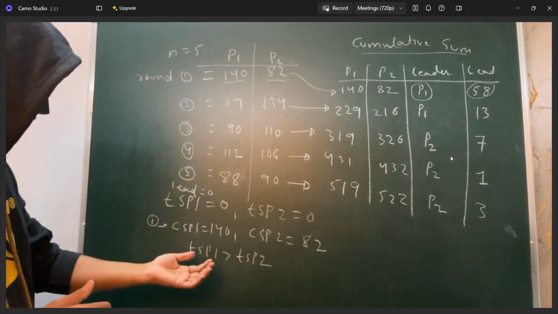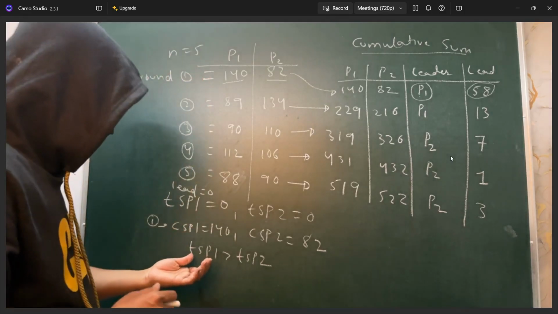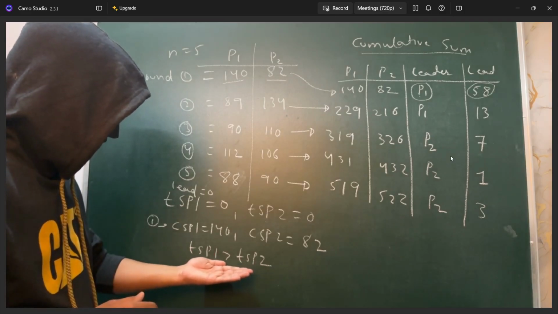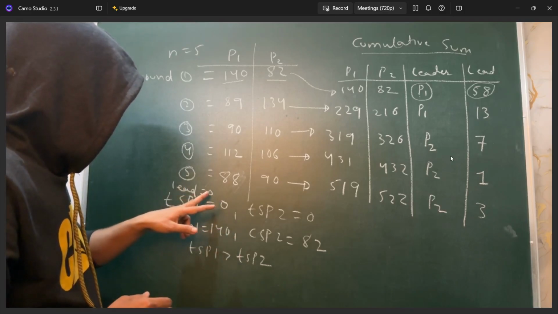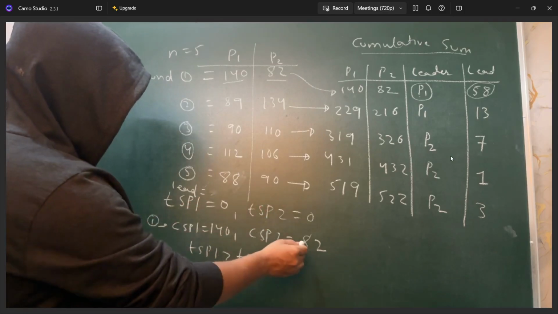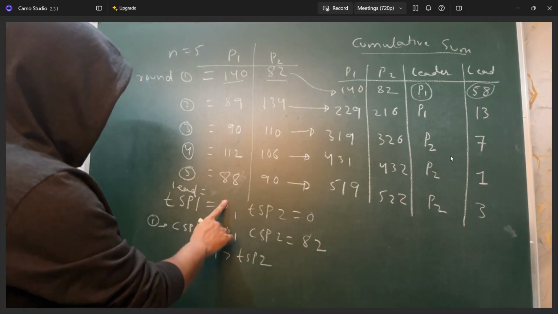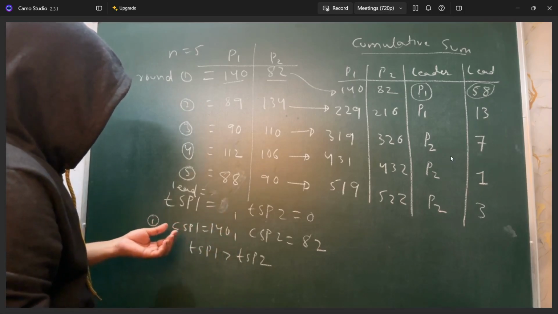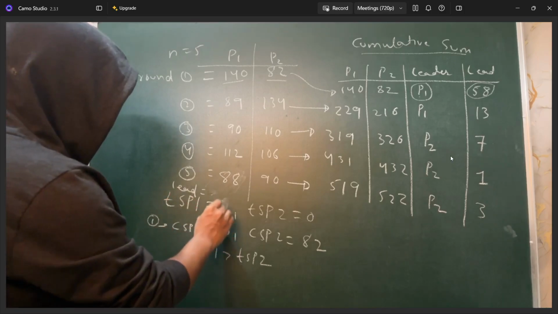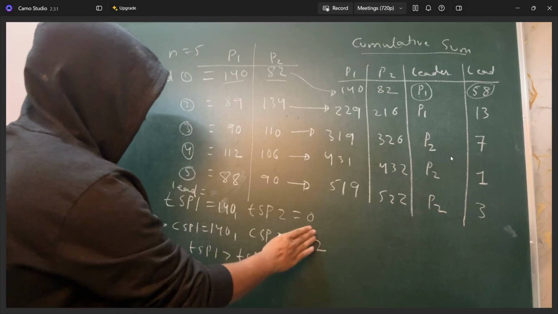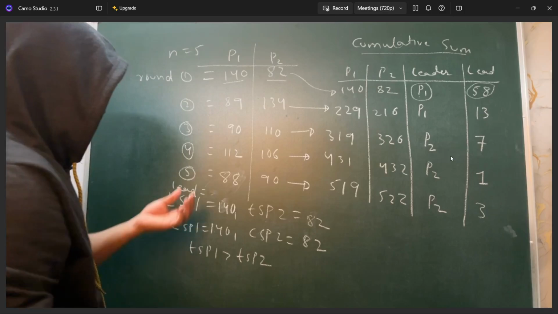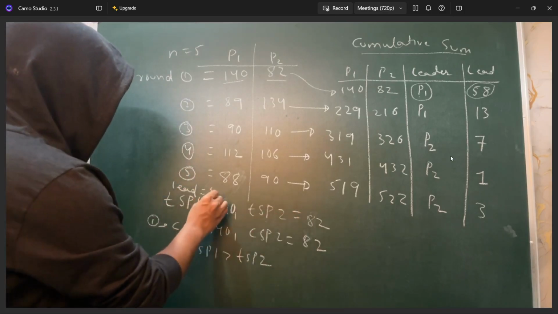After each round, you just take this total score difference. Whatever difference you are getting, that is going to be the lead. So let's say in this case the lead is 140 minus 82. In the first round, you will be taking the current score and adding it to the total sum. So here you will have 140, and here you will have 82, and lead will be this minus this, which is going to be 58.